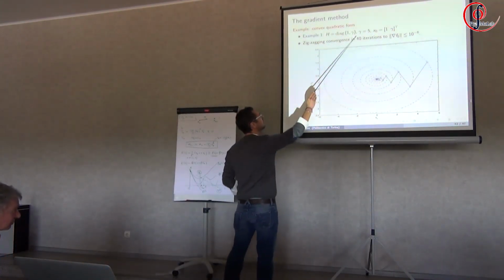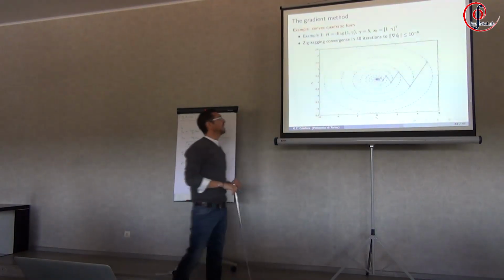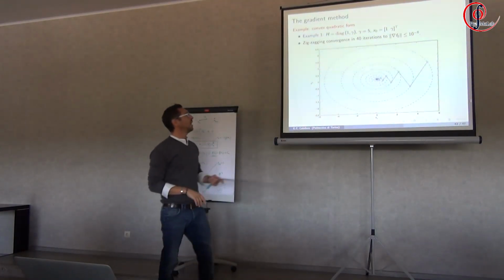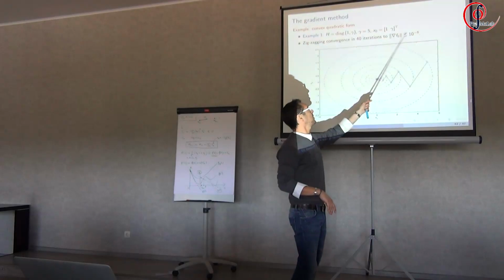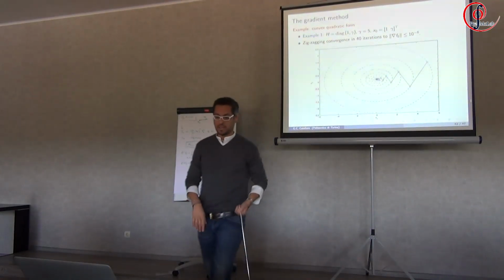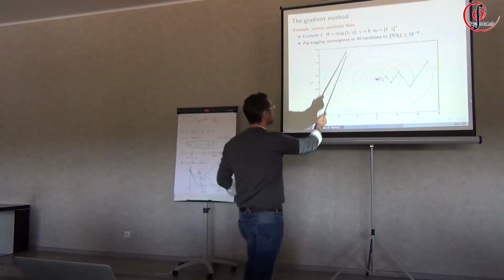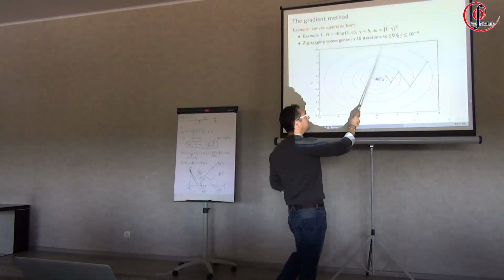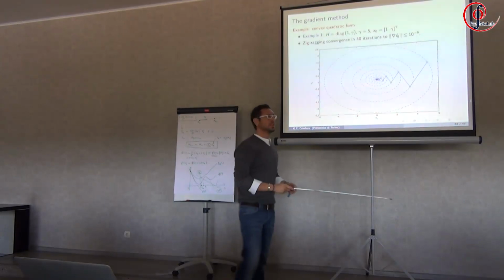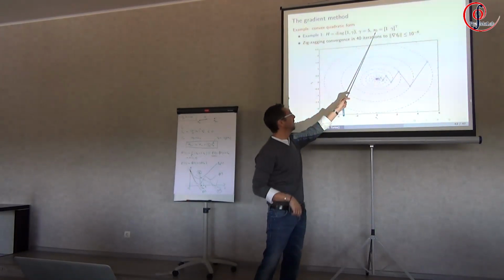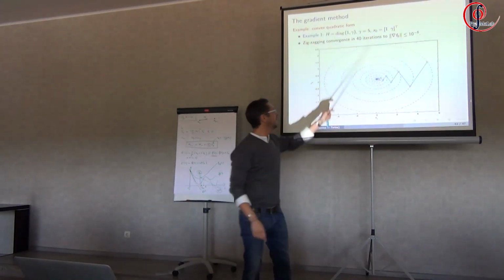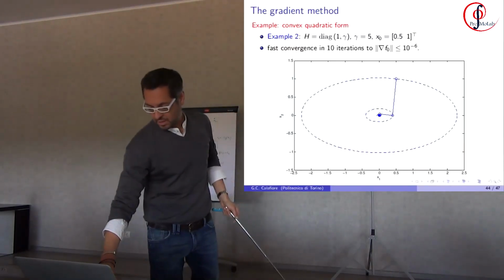In this case, we converge in 40 iterations to a situation where the gradient is less than 10 to the minus 6. And the point here is that the number of iterations that we need will be strongly dependent on initial conditions. So for this initial condition, I take 40 iterations.